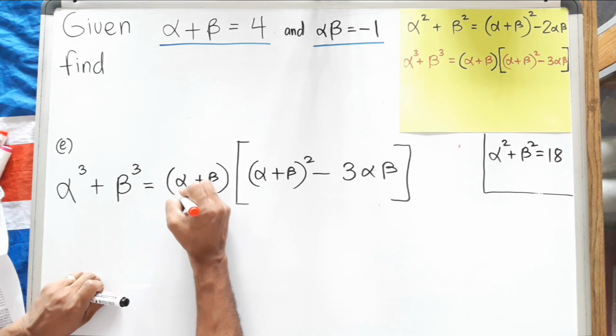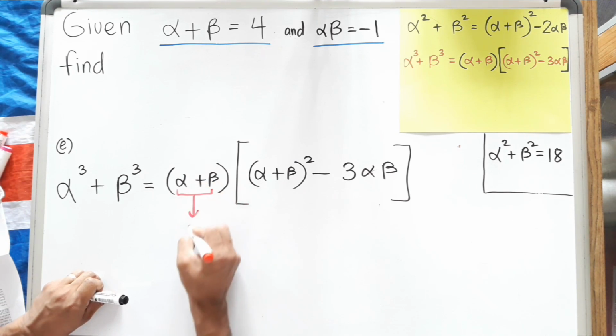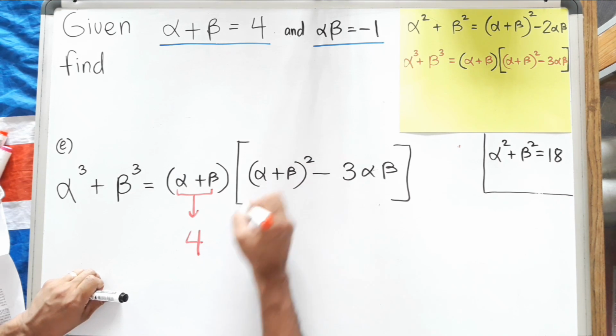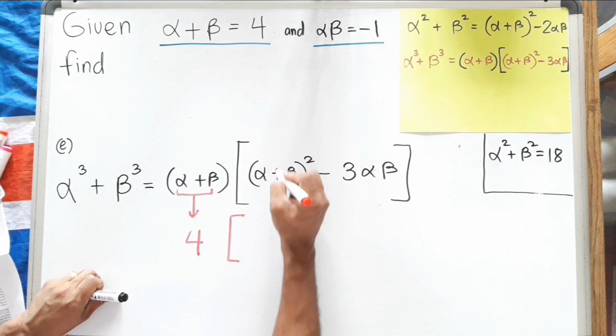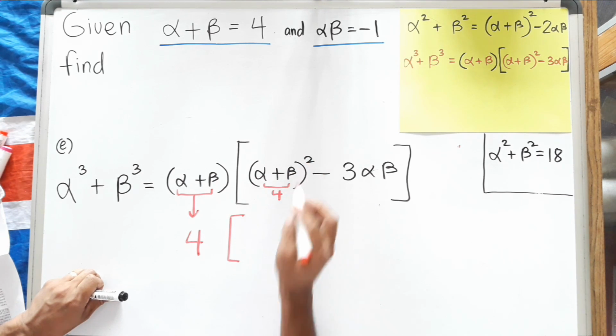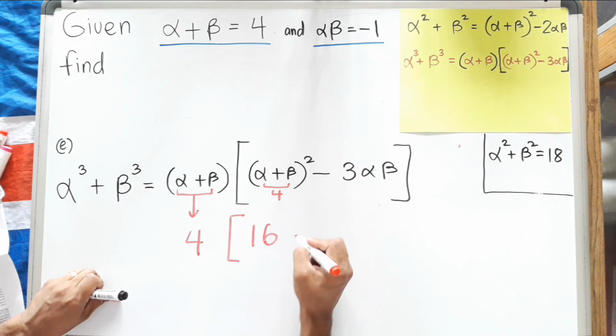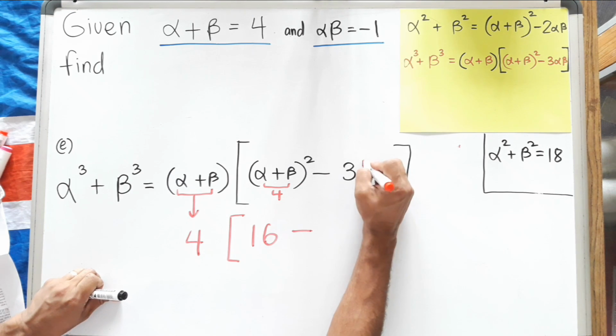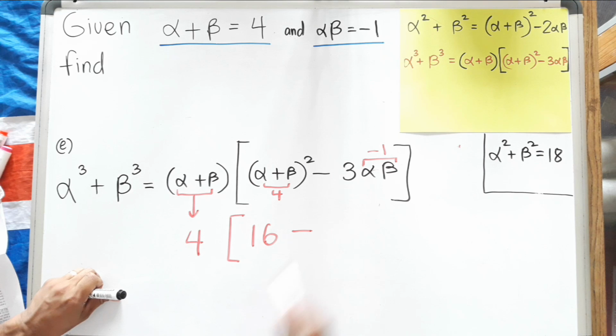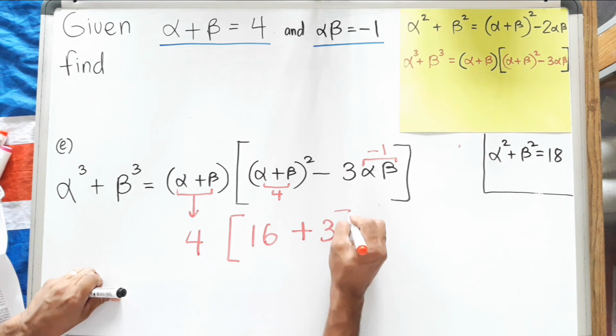Nothing complicated. Replace that with 4. You have a big open brackets here. Remember, you're replacing this with 4 also. So 4 squared is 16 minus, and alpha beta is minus 1. Minus 1 multiplied by minus 3 is positive 3.